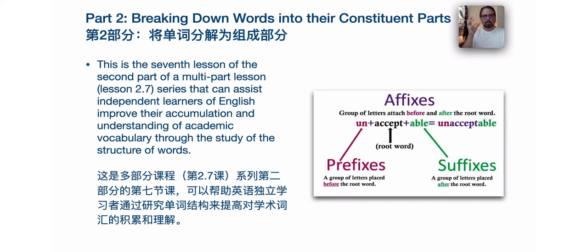But when the prefix un is added to accept and the suffix able added, the verb becomes an adjective, right? And what prefixes do is they change the meaning, and what suffixes do is they fit the word to function grammatically in different ways: nouns, adjectives, verbs.